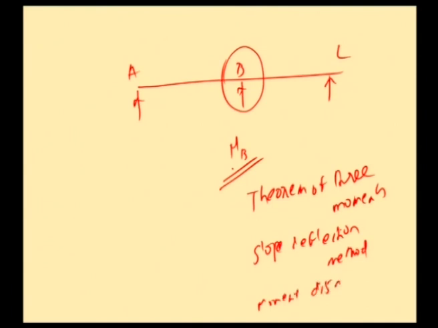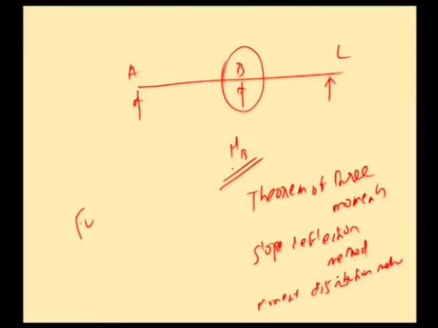We should know what methods are available for solving indeterminate beams, and in general these methods are classified into 2: one is the force method of analysis and the other is the displacement method of analysis. We will see the basic concept of these 2 methods, and with that we will conclude the session on introduction to indeterminate beams.